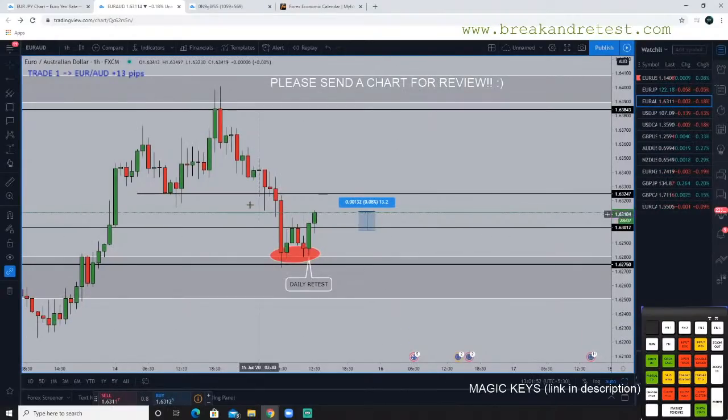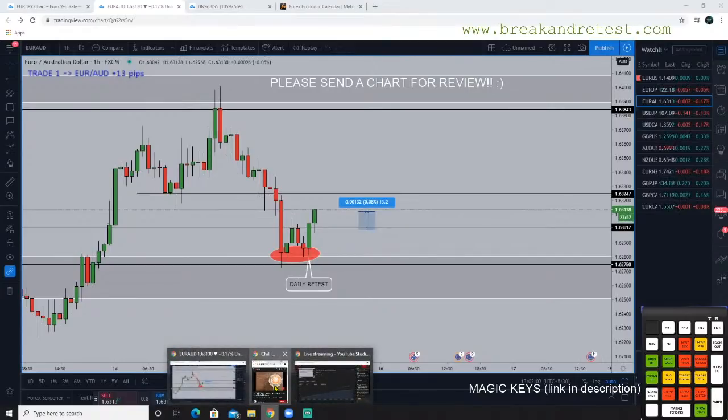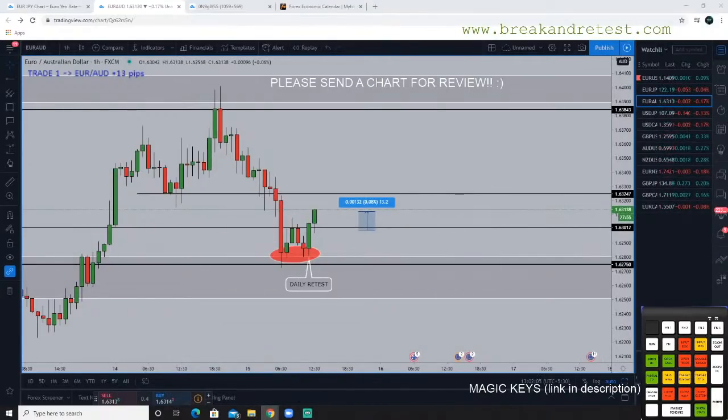We're just waiting for a breakout. I was long on EA, but I'm not now because it stopped me at break even. I only got around 13 pips, as you can see on the left screen.